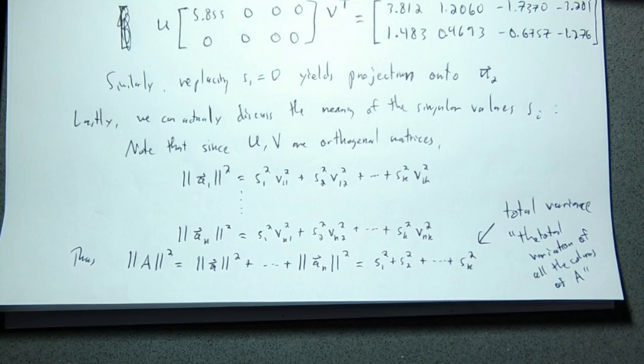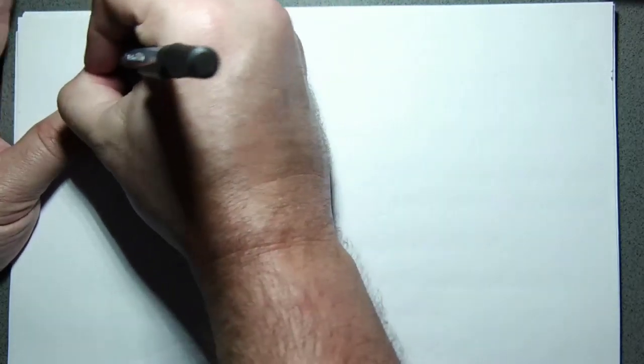This gives rise to a nice quantity that we're going to use to tell us how much of the variance of a matrix is captured by some number of columns in the SVD. So what is the idea here? One more thing.